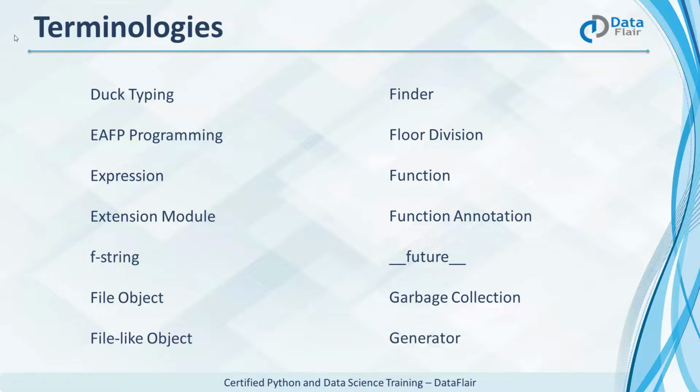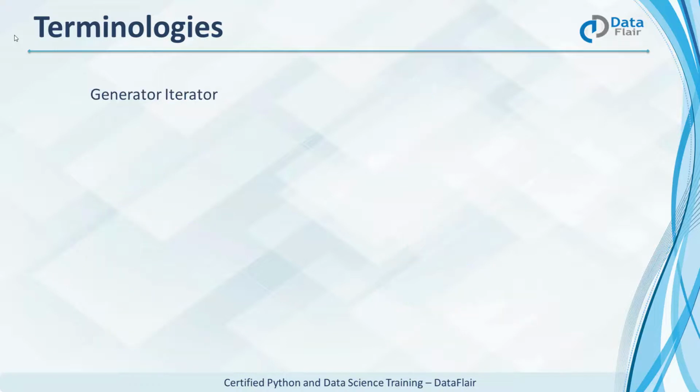And a generator is a function that yields one value at a time. A generator iterator is an object created by a generator function, and a generator expression is an expression that returns a generator. A generic function is made of multiple functions implementing the same operation for different types.